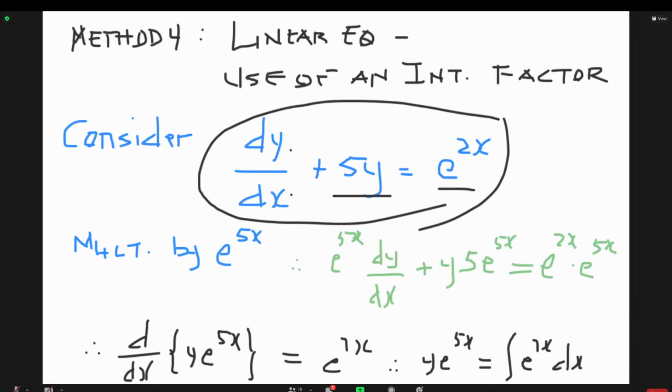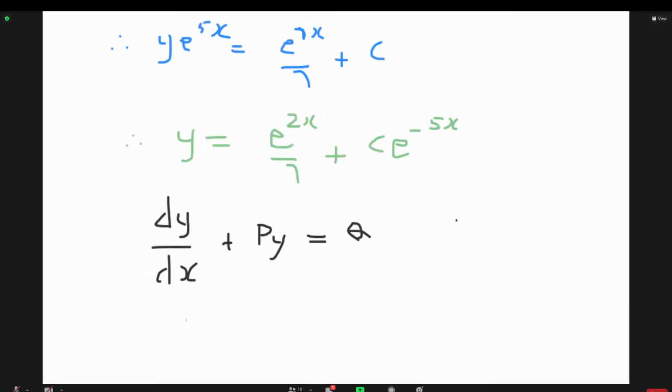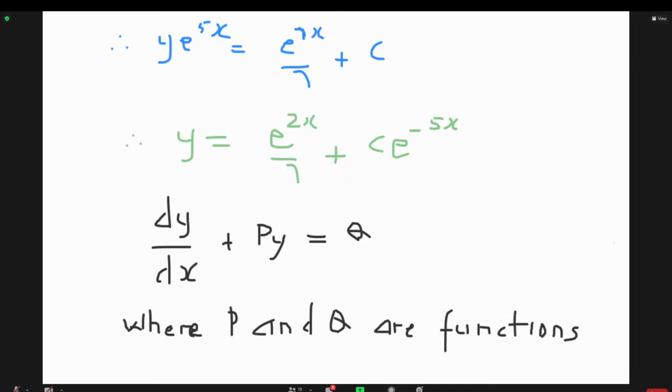Which means that P and Q are functions of X or constants. Right?